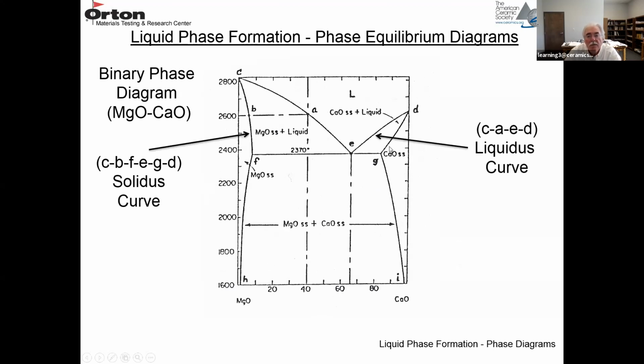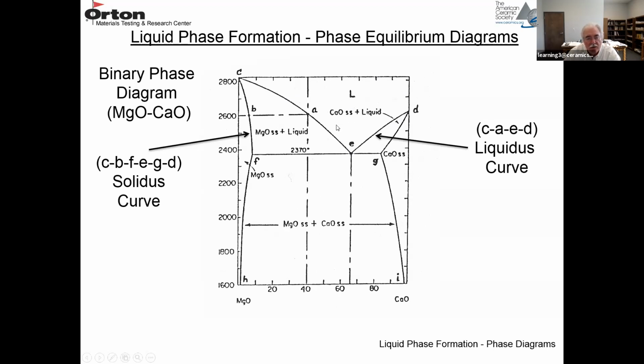If we look at this line, C-A-E-D, that's known as the liquidus curve. Any composition above the temperature of the liquidus curve is going to be a liquid. L is liquid, so anything in this region is going to be a liquid.